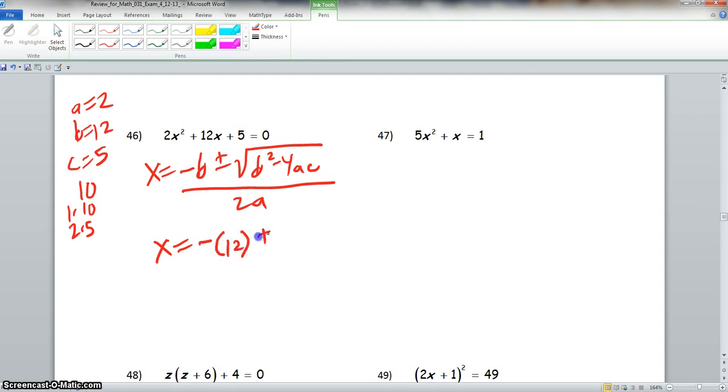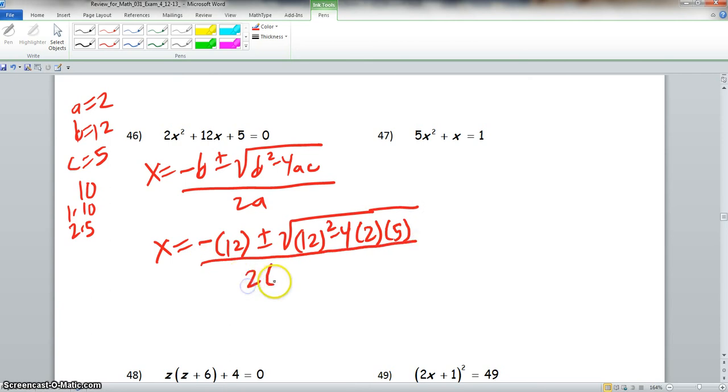B is 12, plus or minus the square root of 12 squared minus 4, a is 2, and c is 5, all over 2 times a is 2. So we had negative 12 plus or minus the square root of 144 minus, this will give you 40, all over 4.